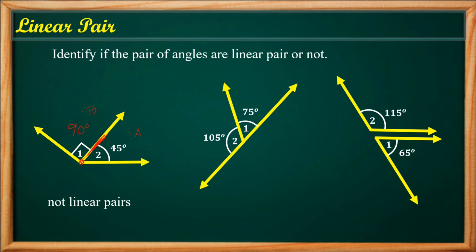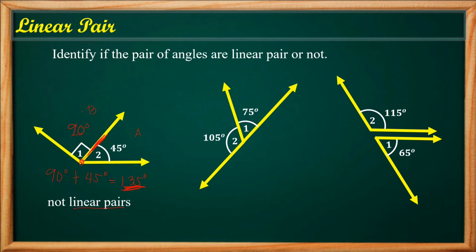Why? Because 90 degrees plus 45 degrees, the sum is 135 degrees. Dapat kapag sinabi natin supplementary, the sum is 180 at hindi siya 180, therefore, they are not a linear pair.